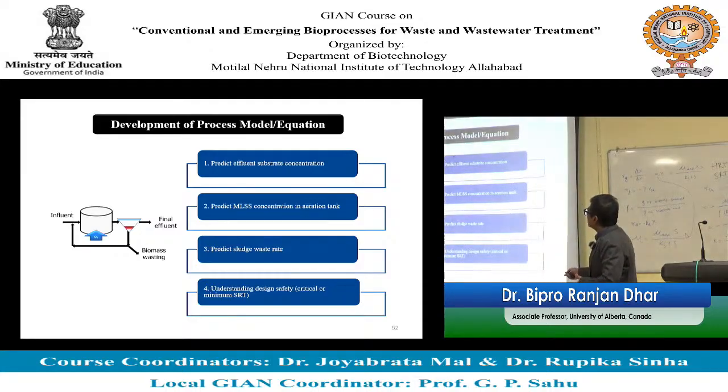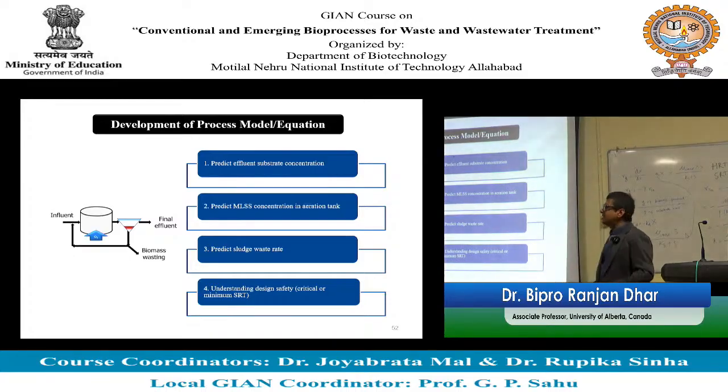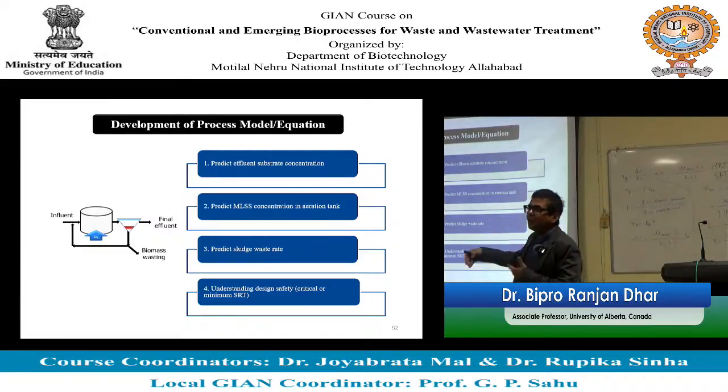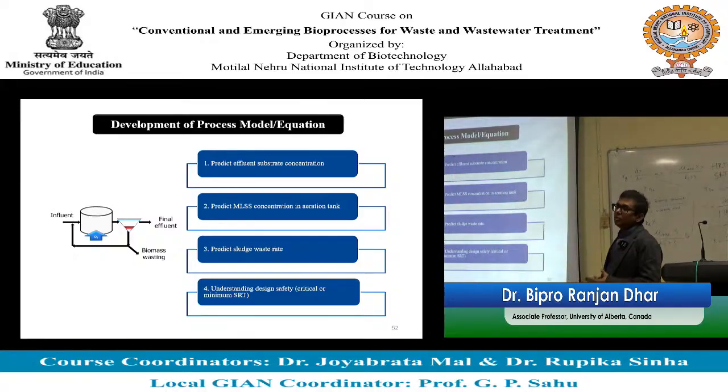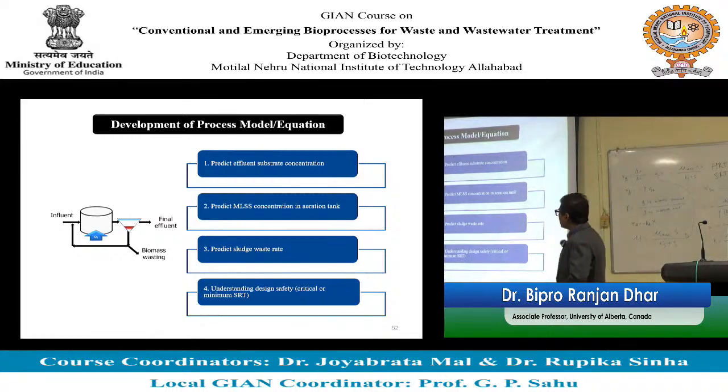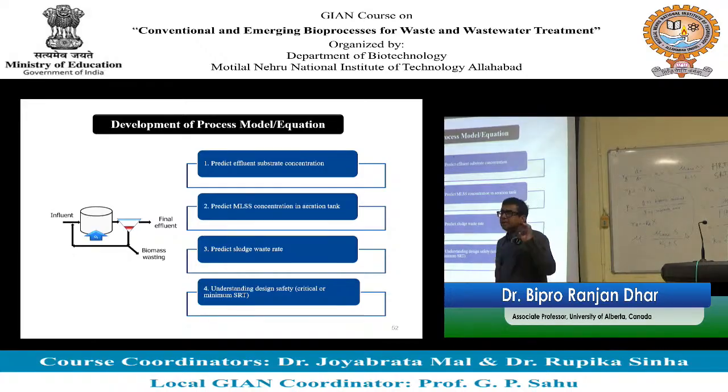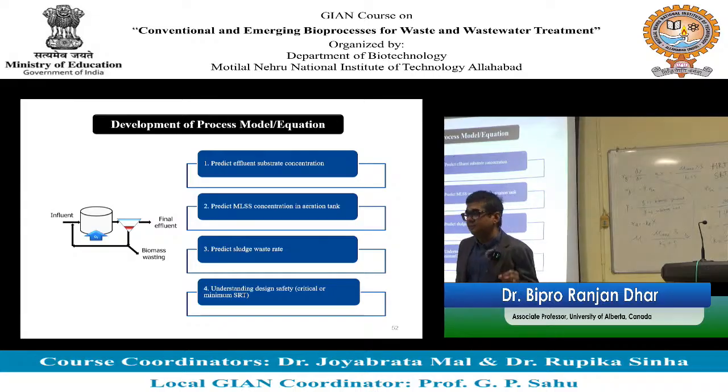We also want to predict sludge wastage rate, but for this one we already have an equation. If we know the SRT, we can simply use this equation, so we don't need to develop another new equation here. But number 1 and 2 could be very handy tools for us, and can be used as an optimization tool. Another thing, in engineering, one of the terms we always use is safety factor, right?